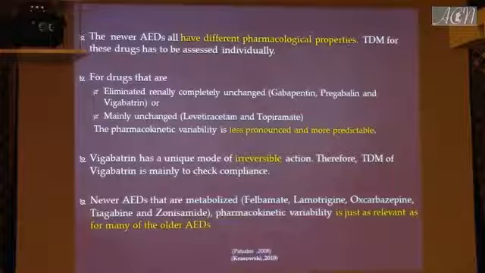Vigabatrin has a unique irreversible action, so TDM would not apply in this case. The newer AED medications that are metabolized, like felbamate, Lamictal, zonisamide, the TDM is just as relevant as for the old medications. So it might be helpful, but we're going to go ahead and talk about these medications individually.